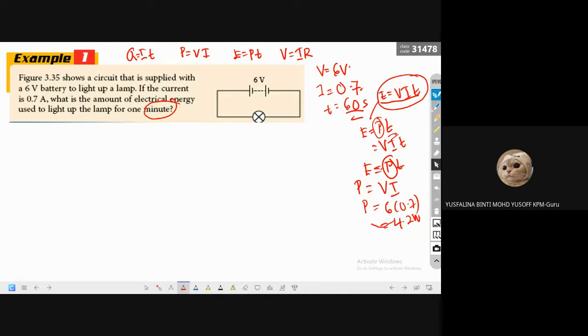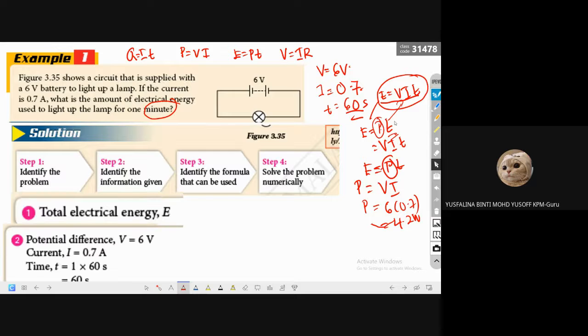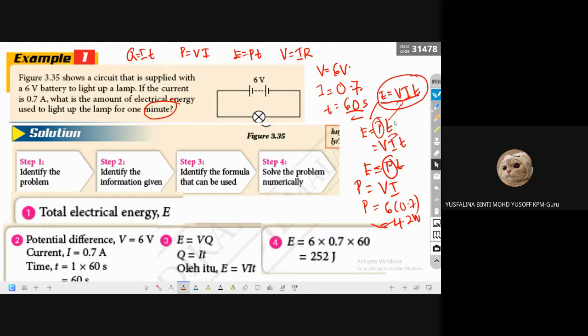So 4.2 times 60, you get the answer. The same if you just use it straightly, but that means you have to remember all the formulas, which is too many, right? So the answer is 252 joule.